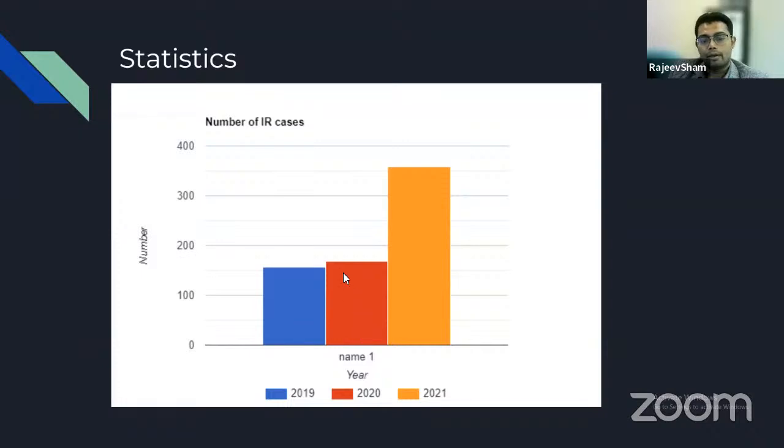In 2020, despite reduced number of cases, the IR cases that we do still increased, about 170 to 175 cases. And as we recover in 2021, you can see a spike of IR cases. Last year we did over 350 cases.